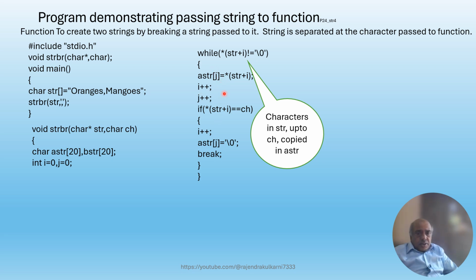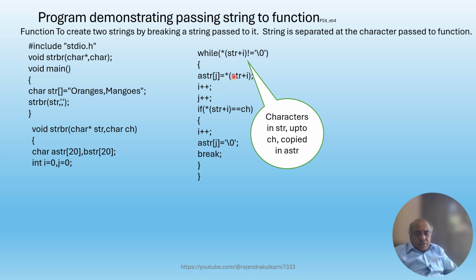This while loop continues to execute, but when str plus i starts pointing towards the character contained in ch, which is comma in our case, this if block causes astr to be assigned with /0 and the while loop is terminated by this break.